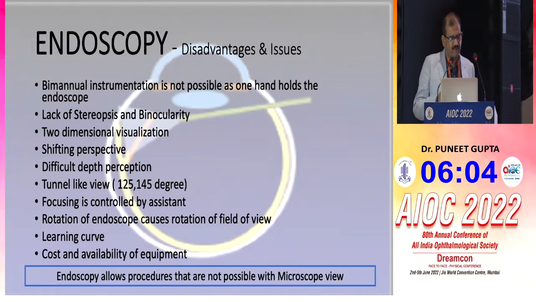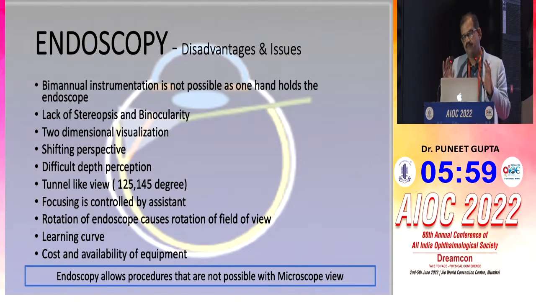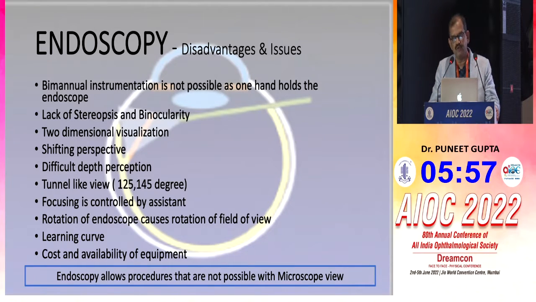Another problem with endoscopy is that the view is tunnel-like. It depends on which gauge of endoscope you are using. The view may be 125 degrees or 145 degrees, whether you are using a 23 or 20 gauge instrument. Another irritating issue is that the focusing is controlled by the assistant, so the control of focusing is not completely in your hand.